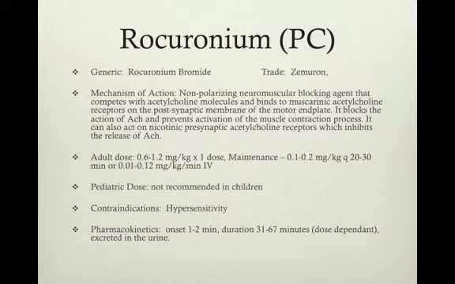Adult dose is 0.6 to 1.2 milligrams per kilogram for the first dose, and a maintenance of 0.1 to 0.2 milligrams per kilogram every 20 to 30 minutes. Or this can be done via IV as a continuous drip, 0.01 to 0.12 milligrams per kilogram per minute IV. Pediatric doses are not recommended in children, and the contraindication of this drug is hypersensitivity. Pharmacokinetics: onset 1 to 2 minutes, duration 31 to 67 minutes, dose dependent. At upper end doses you may get a little more than that, and this is excreted in the urine.